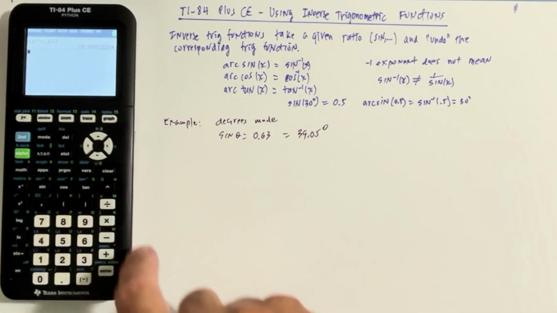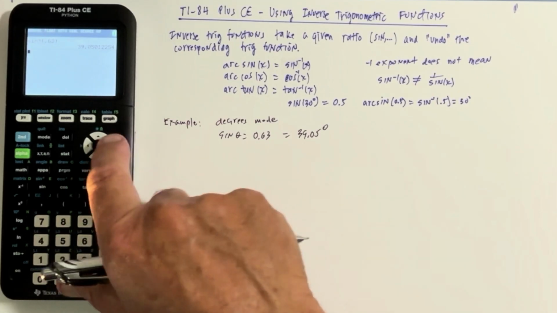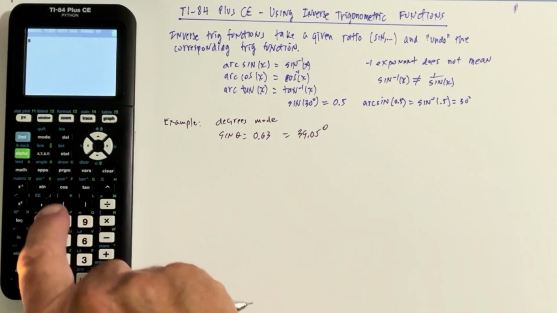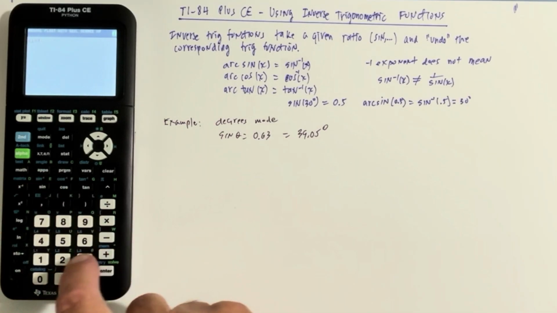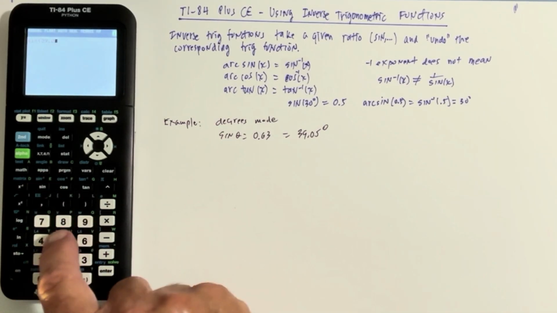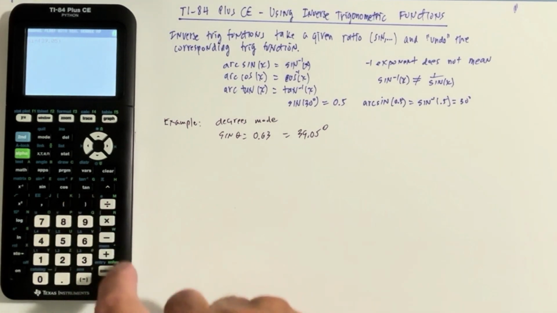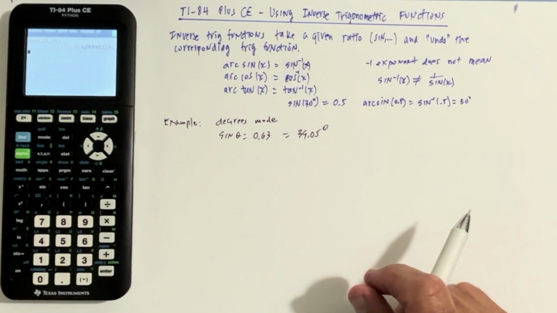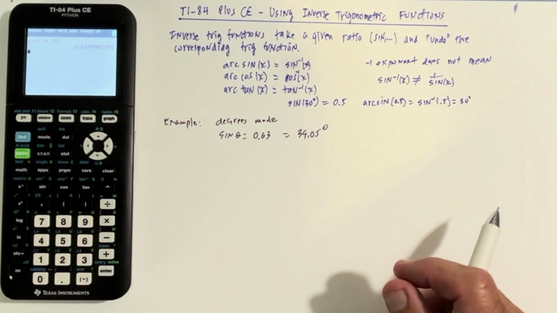Just to verify this, let's clear this. Now I'm going to take the sine of 39.05, and it's 0.62999. So it's within rounding error, it's the same thing. So one undoes the other.